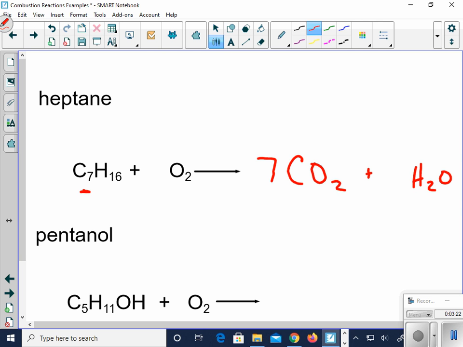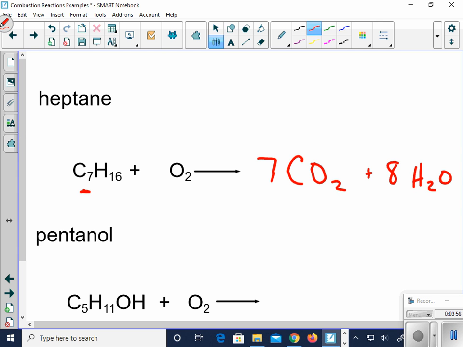Oxygen's by itself, so I'm going to save that for last. Only thing I need to know about oxygen is it's got to be an even number, because O2 can never be odd. So I look now, I've got my carbons balanced, I look at hydrogens. I have 16 on my reactant side, so if I put an 8 here, I've got 16 on my product side.